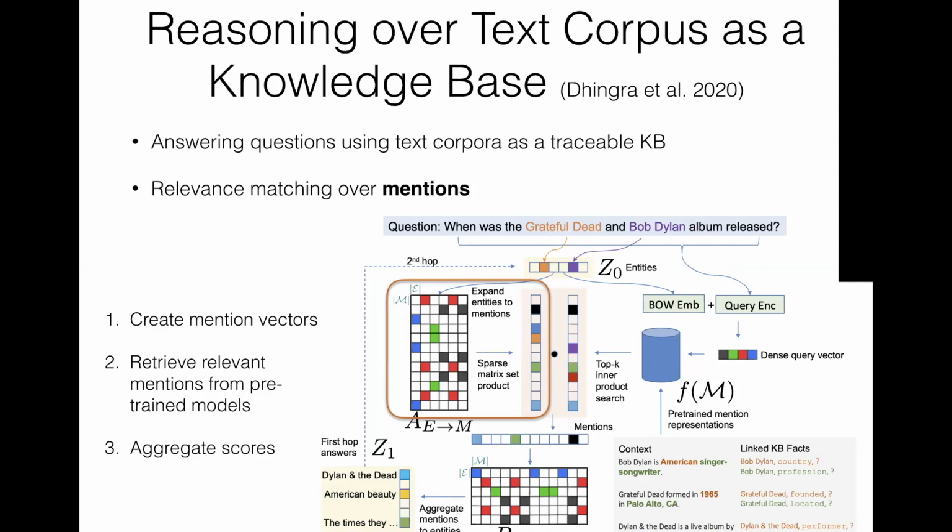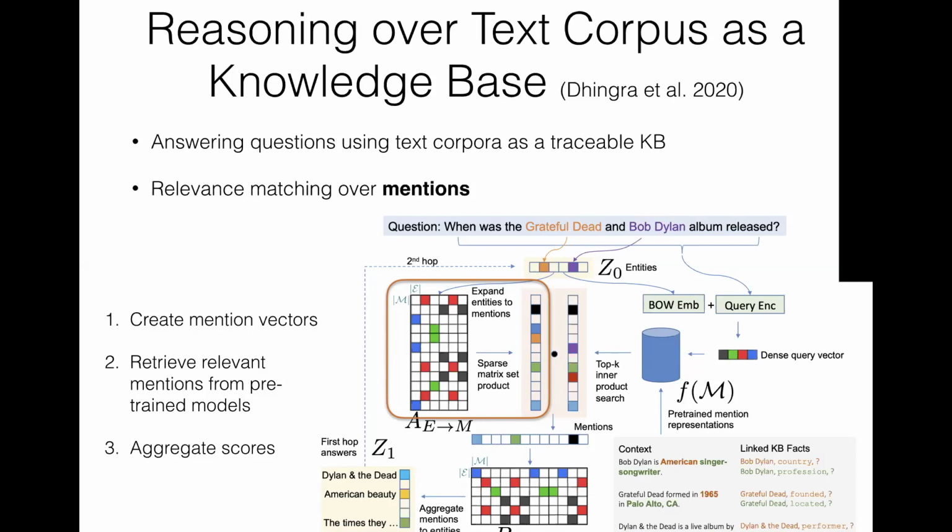Then you go through this squared zone to convert this entity vector into a mention vector by transforming it using a specific matrix.